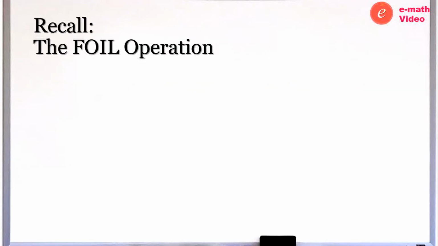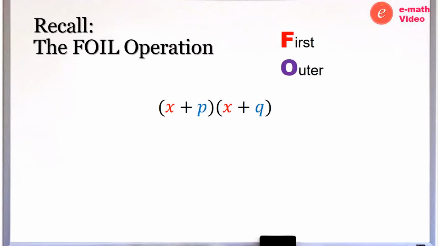Let us recall the FOIL operation. This is the method we use to find the product of two binomials. For example, bracket x plus p, bracket x plus q. The FOIL operation is to make sure that we don't miss out any terms in the expression. FOIL actually refers to first, outer, inner, and last.